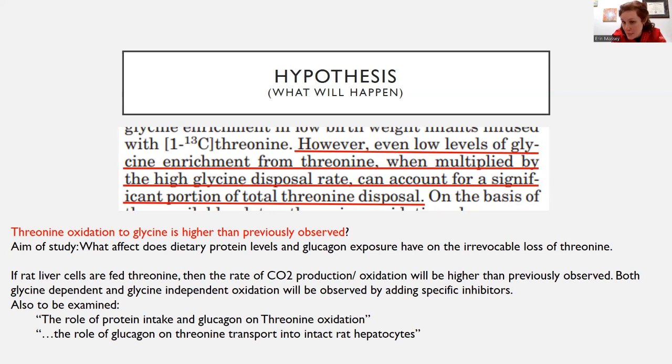Both the glycine-dependent pathways, the ketogenic pathway and the aldolase pathway, and the glycine-independent glucogenic pathway will be observed by adding specific inhibitors. So there are inhibitors that are going to either inhibit the mitochondria or inhibit the glycine.